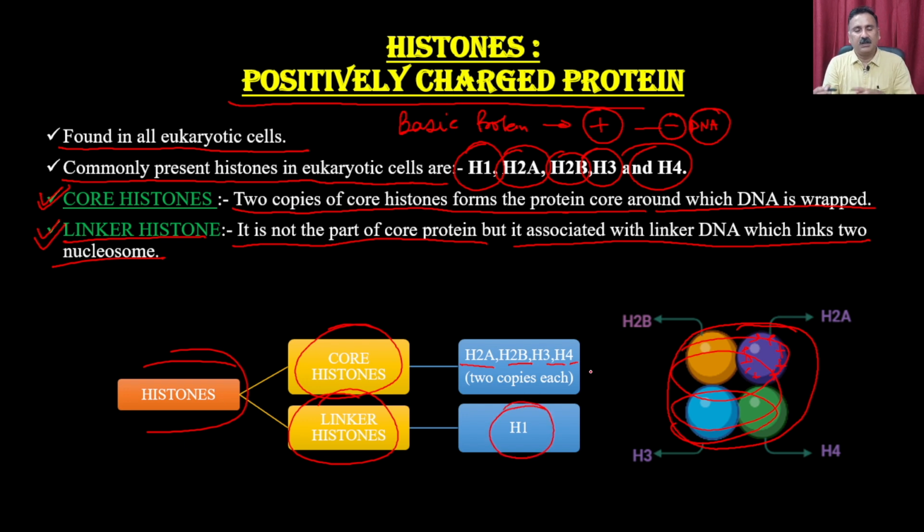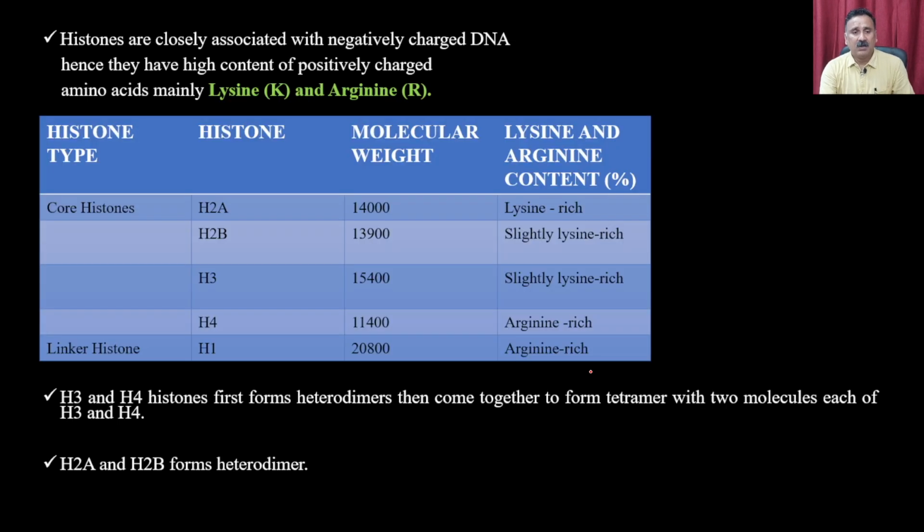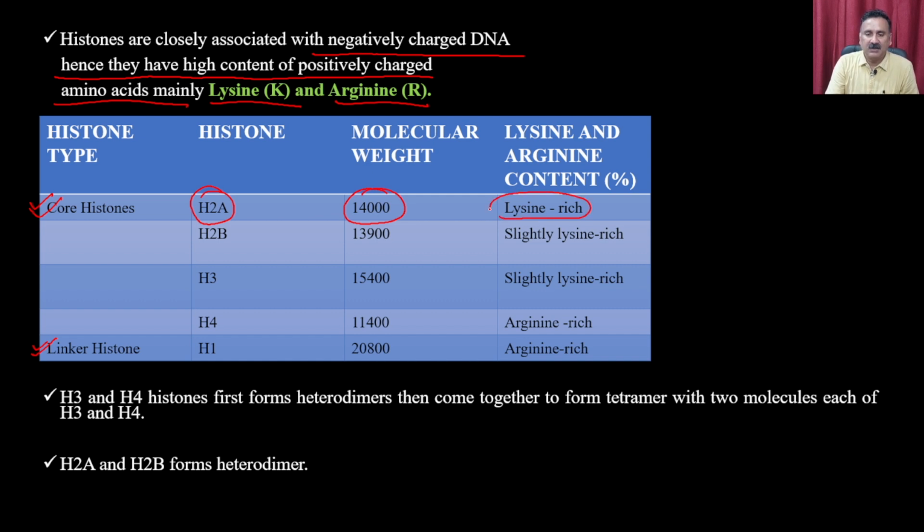So what are the different properties of the histone proteins? Histones are closely associated with the negatively charged DNA. They have a high content of positively charged amino acids such as lysine and arginine. So you have the core histones and you have the linker histones. Core histone H2A has a molecular weight of 14 kilodalton and is lysine rich.